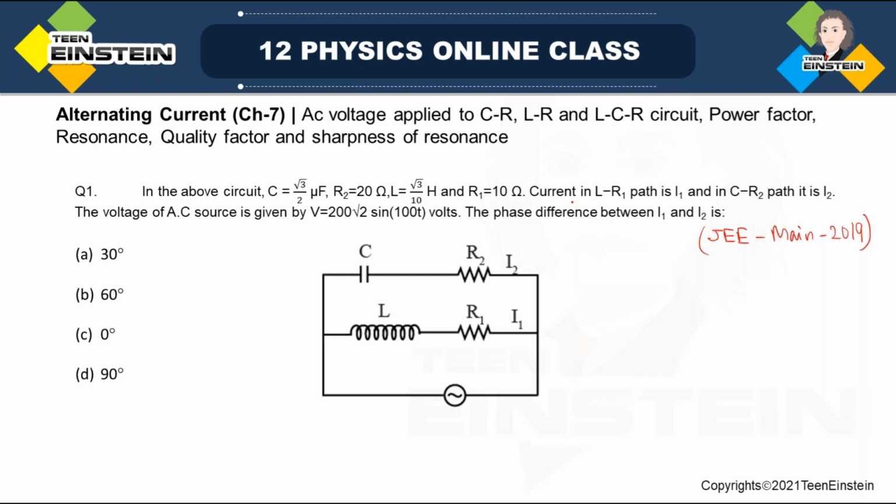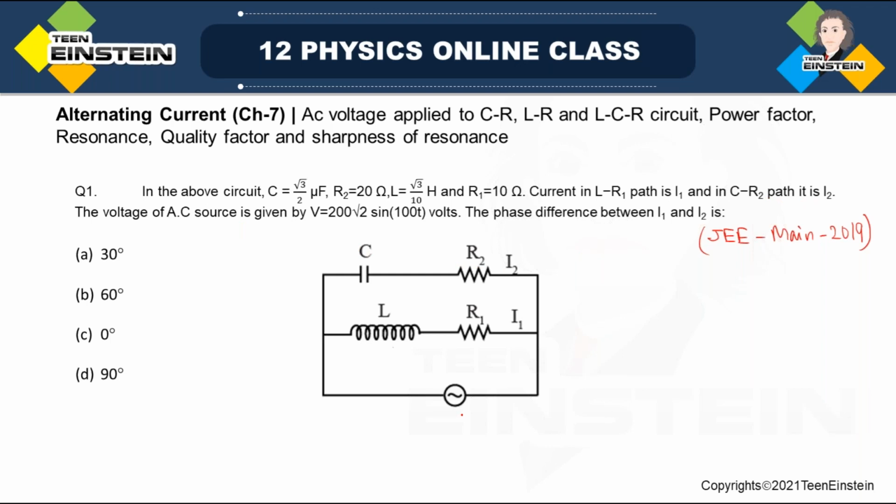Now the question is about the current in the LR1 path and in the CR2 path. The currents are given as I1 and I2, as you see. So the LR1 path current is I1 and the CR2 path current is I2.